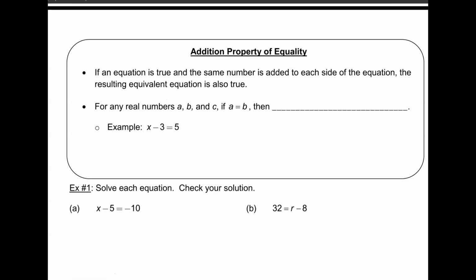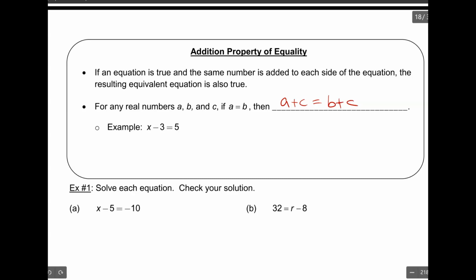Addition property of equality: if an equation is true and the same number is added to each side, then the resulting equation is also true. So if A equals B, then A plus C is equal to B plus C, meaning if I add it to one side, I can add it to the other.